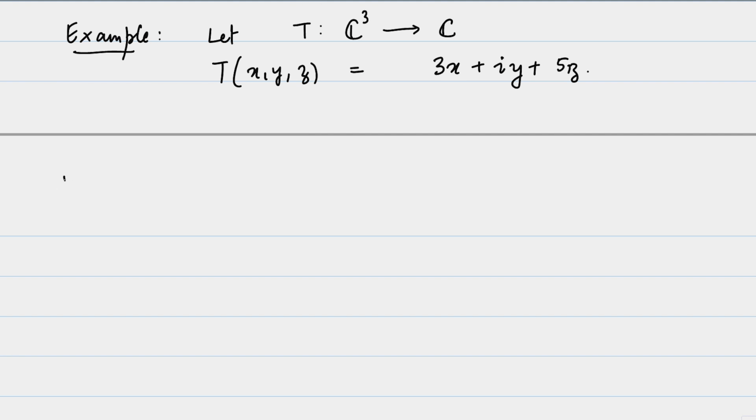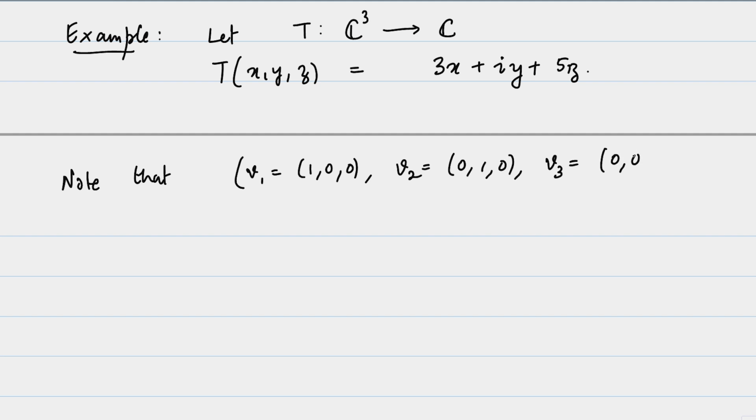I'll just note that the basis beta, so V1 is equal to (1, 0, 0), V2 is equal to (0, 1, 0) and V3 is equal to (0, 0, 1), is an orthonormal basis with respect to the standard inner product.